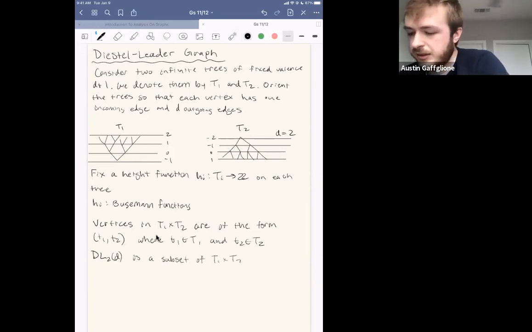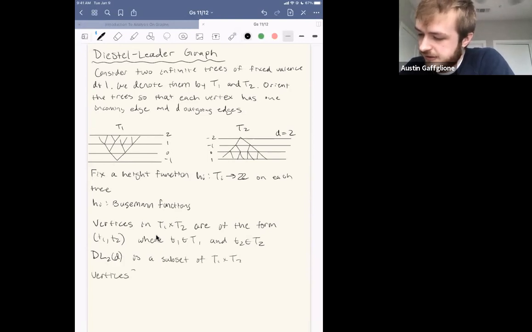Okay, so we actually want to identify the vertices of the Diestel-Leader graph. And we have the following idea. The vertices of the Diestel-Leader graph of 2 trees with valence D plus 1 is the set of all ordered pairs (t1, t2) such that their height functions add up to 0.